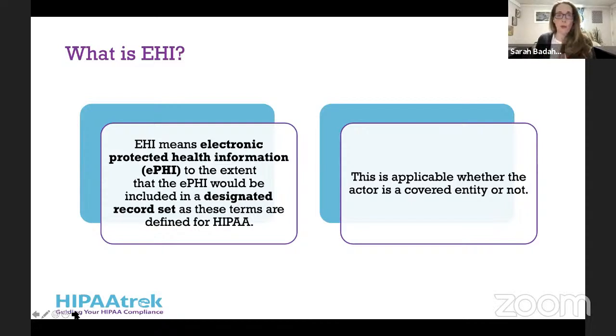It is very important to remember that EHI is applicable to you, whether you are a covered entity or a business associate or a developer of health IT services. So the Cures Act or information blocking calls y'all actors. So if you're acting with EHI, then the Cures Act is for you.